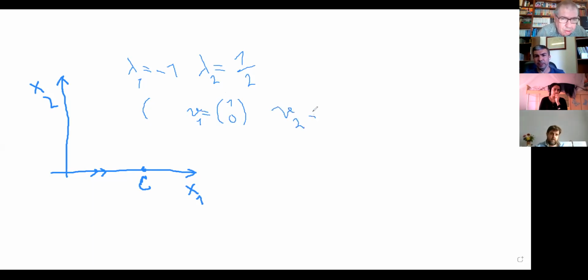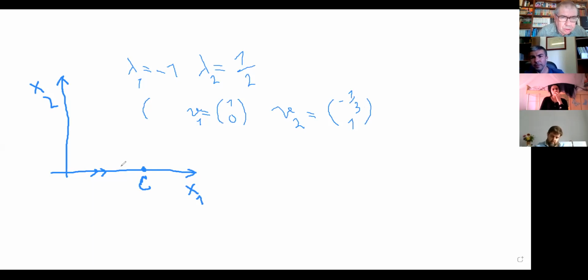And V2 I calculated, and it was minus and 1. So these are the eigenvectors.